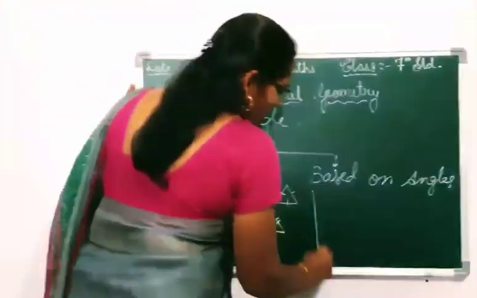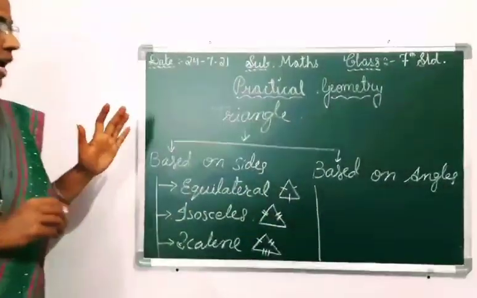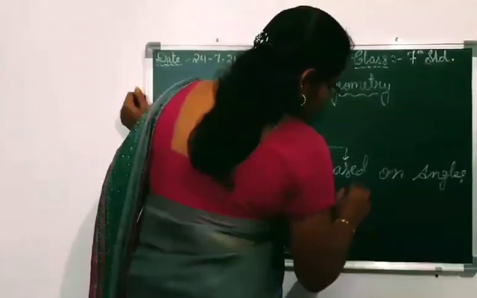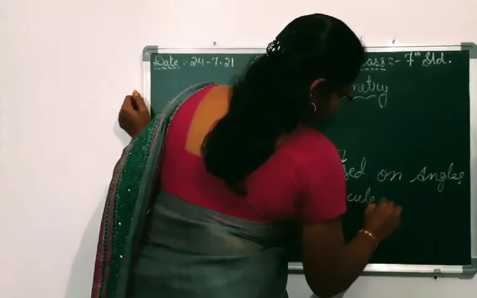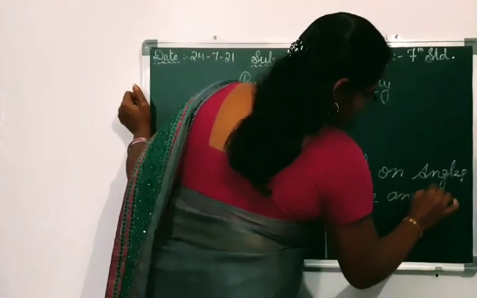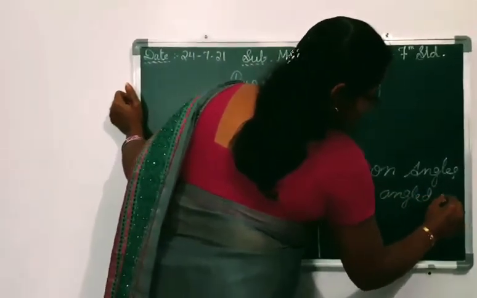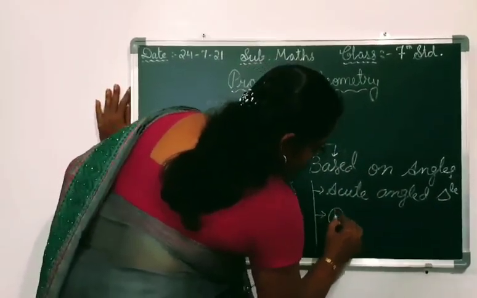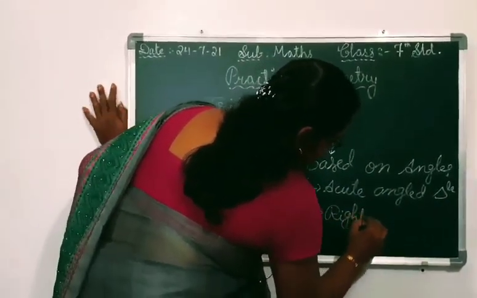Based on angles, there are also three types of triangles. First one is an acute angled triangle. Second one is a right angled triangle.